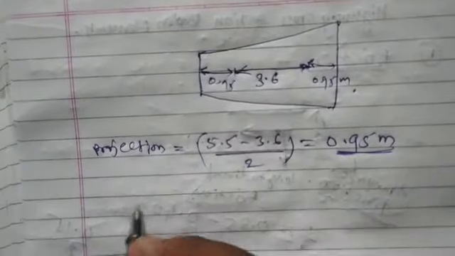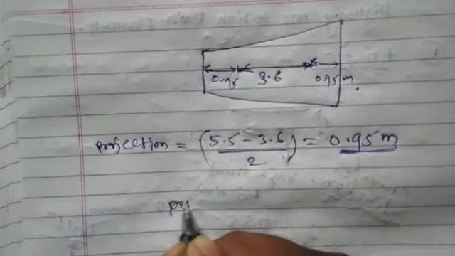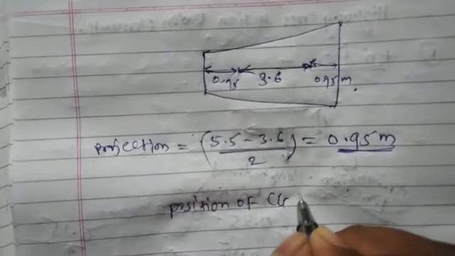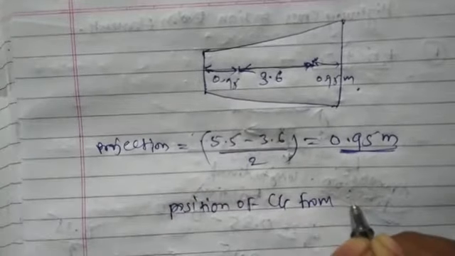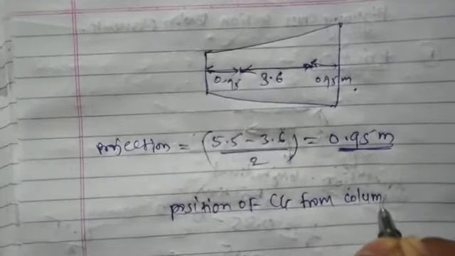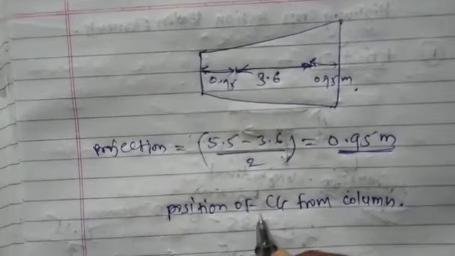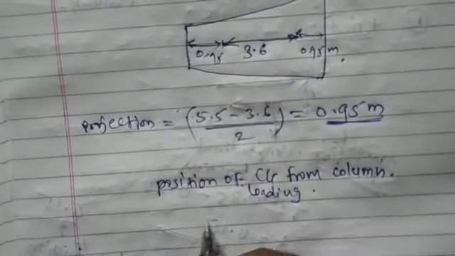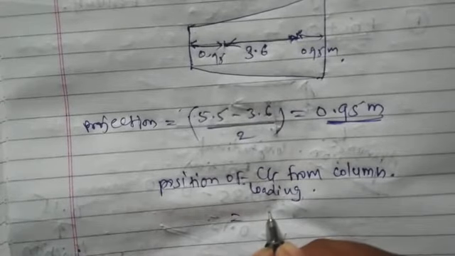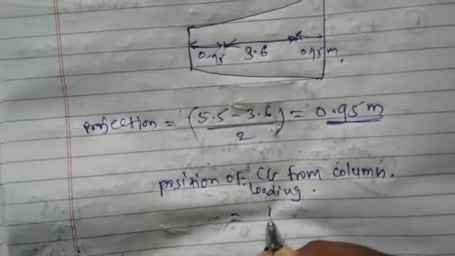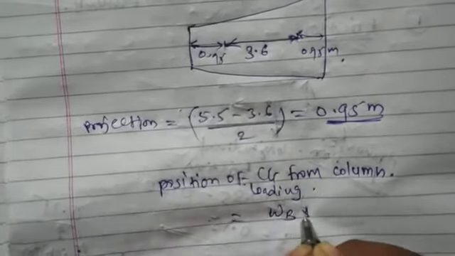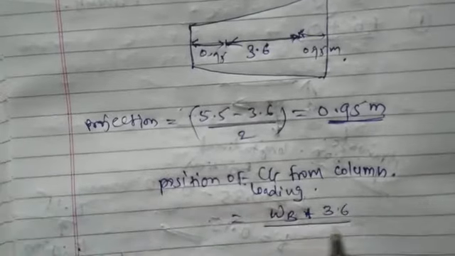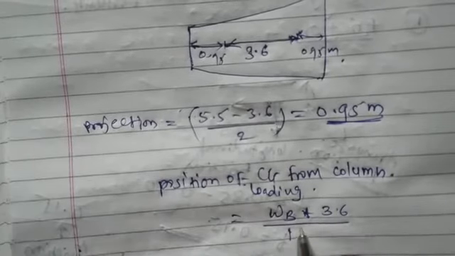Now we'll find out the position of the CG of loading from column A. In order to find the position from column A, we take the load on column B into the distance between columns A and B, that is 3.6, divided by the total load on the two columns, that is 1950.